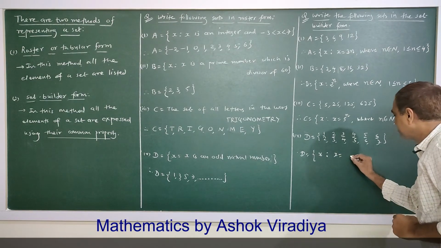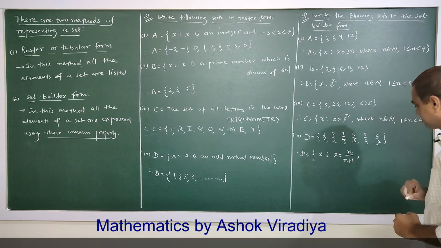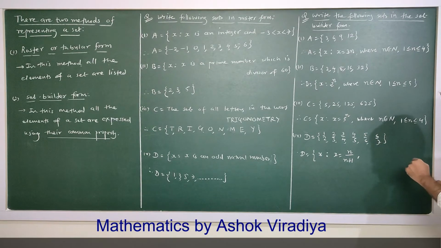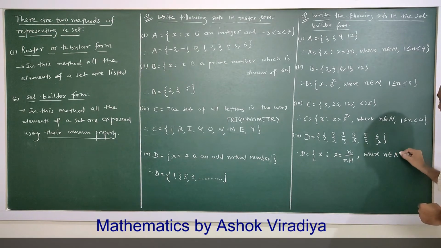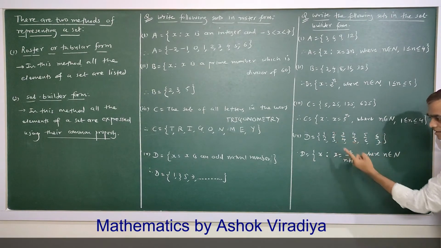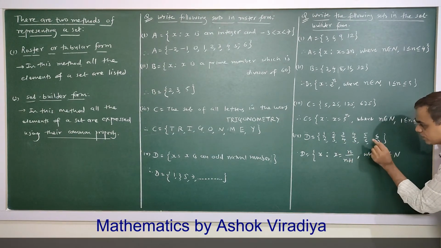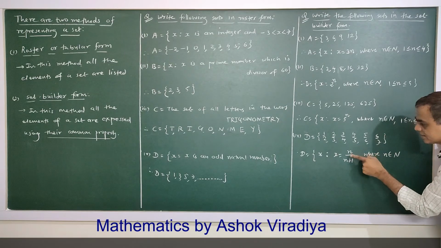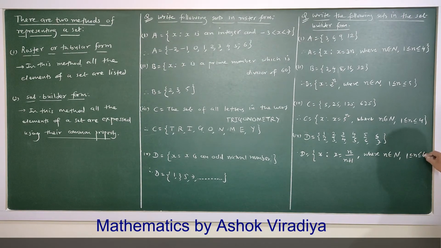So if the numerator is n, the denominator is n plus 1, where n belongs to N. If you put 1, then 1 by 2. If you put 2, then 2 by 3. If you put n equal to 3, you get 3 by 4. What is the last value of n? 6, 6 by 7. So n is natural but not any natural number. n is 1 to 6.